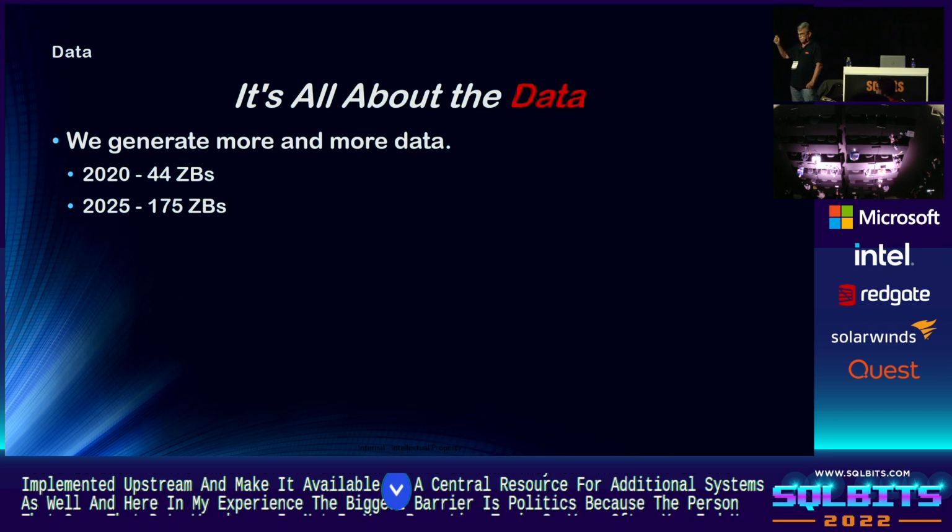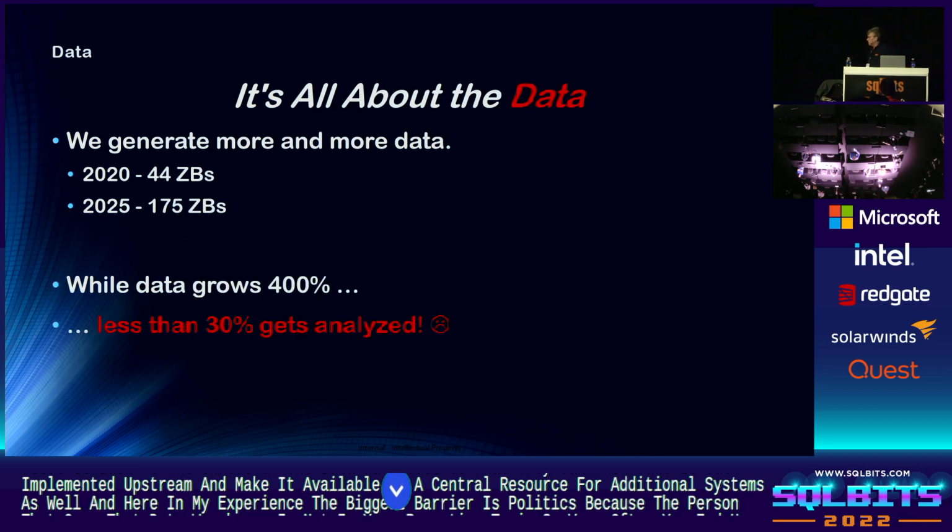In 2025, we are estimating 175 zettabytes of data. That's a lot, so that's kind of a huge increase, which may be neither here nor there. The problem with this is that while we are growing with 400%, less than 30% gets analyzed.